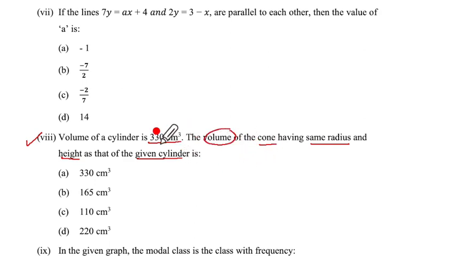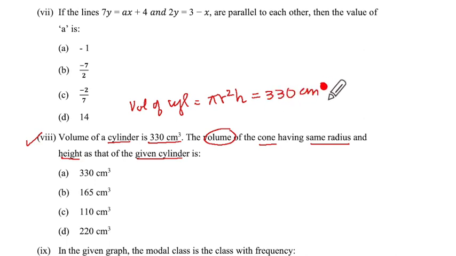Important for you to know are the formulas. Now the volume of the cylinder is pi r square h, and this is given as 330 centimeter cube. And the volume of the cone? What is the volume of the cone?